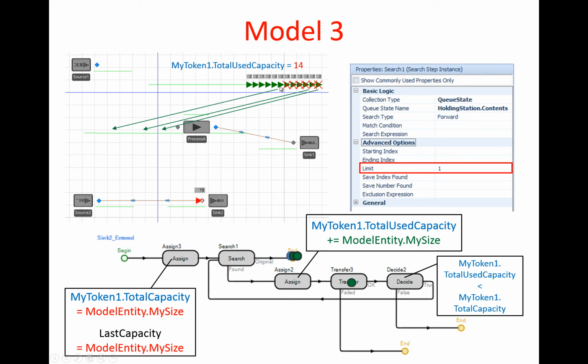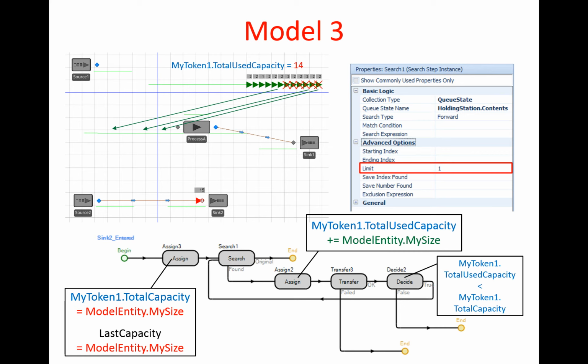However, I still make the transfer here, so I transfer this one to my queue, but this time my decide step will take the false branch because the value of my token1.total used capacity is 16, and my total capacity is 15. So this token will take the false branch, and then the process will end.